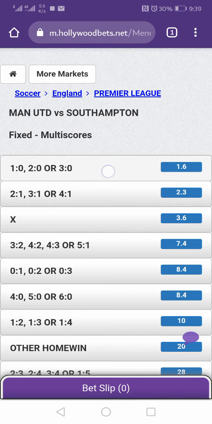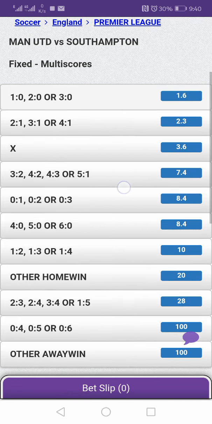This market is actually good because it's an 'or'. If you're not sure, you can choose here. But if you think Manchester United will win and score a lot of goals, probably more than 3, you jump here.